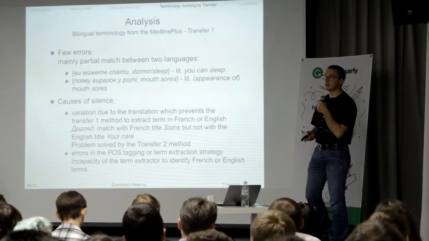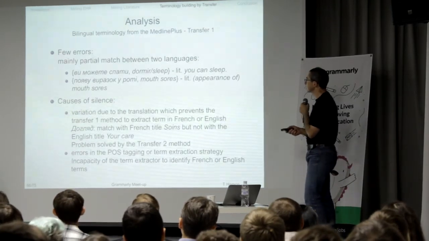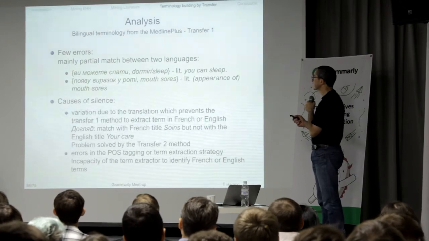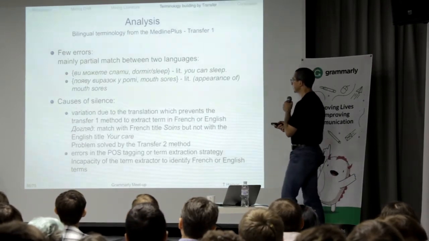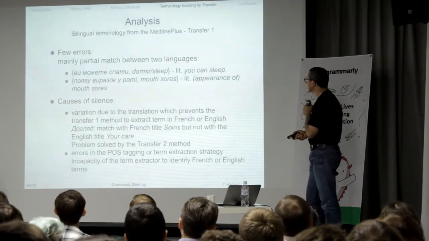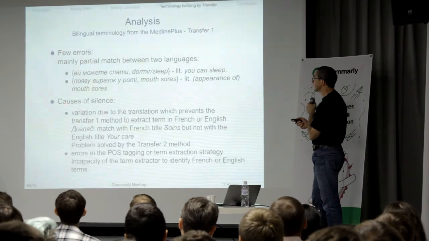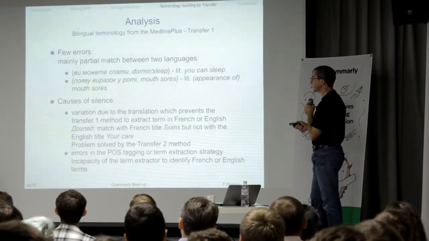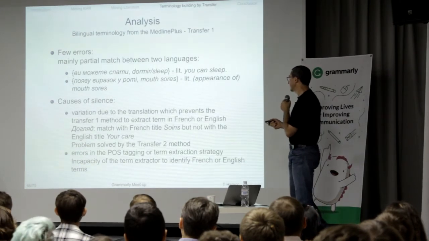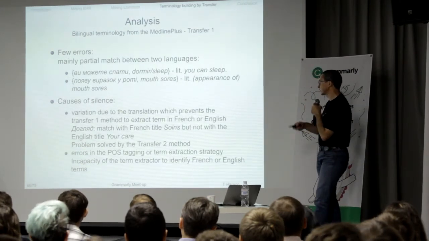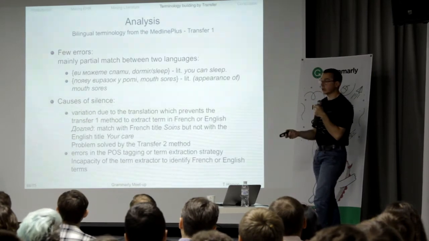Mainly it's due to a partial match between the two languages, for instance sleep, dormir, manger, sleep. There is also silence due to variation in the translation. For instance, the word in Ukrainian is soin in French, but in English it is care.